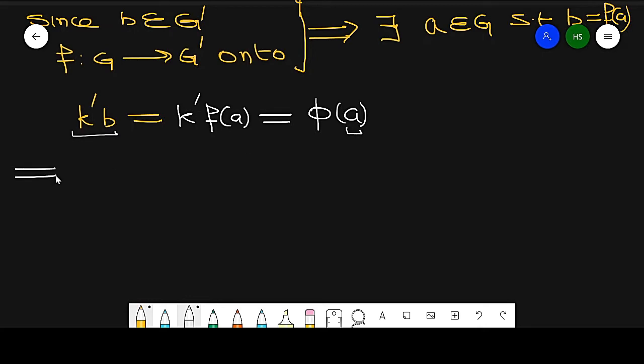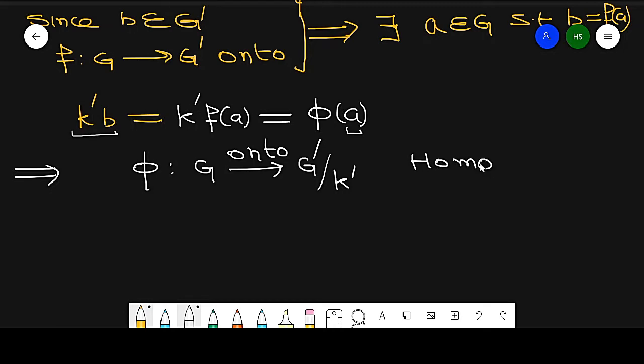Then it implies this phi mapping from G to G dash over K dash is onto, as well as it is a homomorphism. So it satisfies all the conditions of the fundamental theorem of homomorphism.